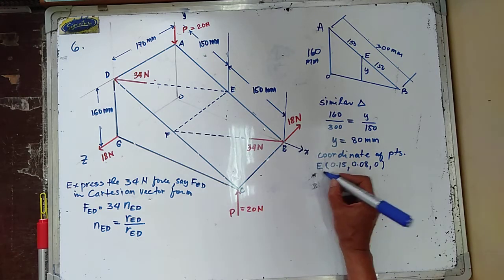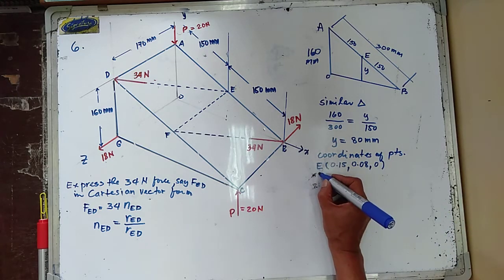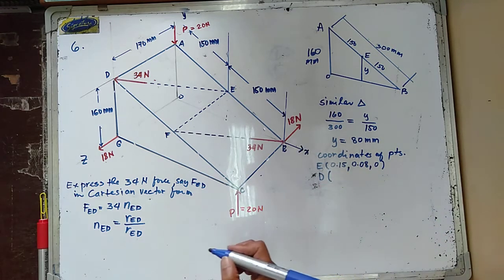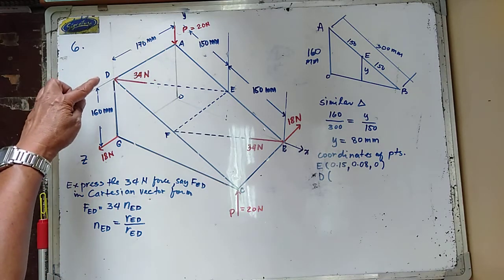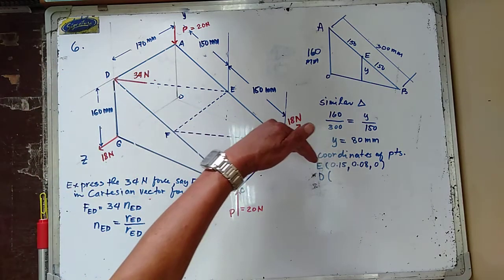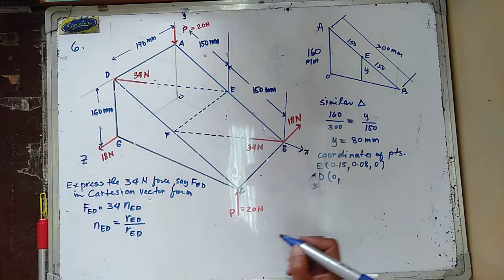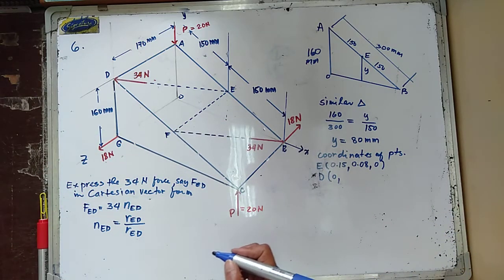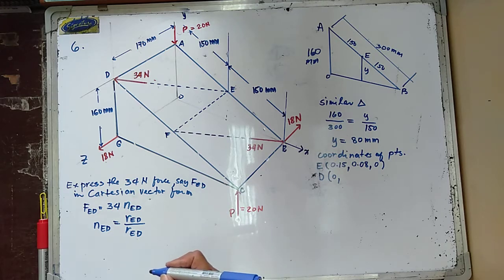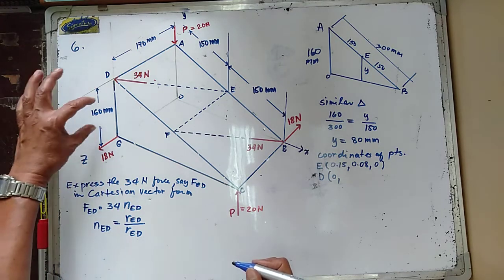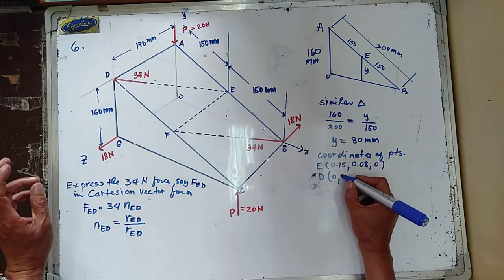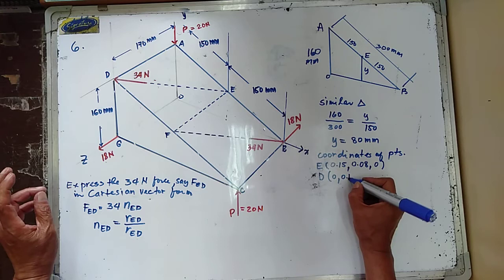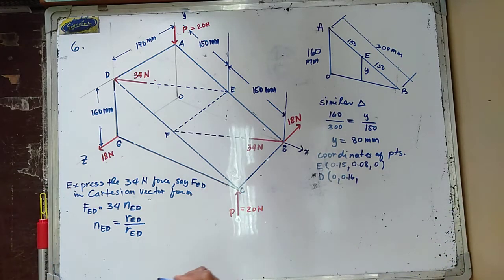Now the coordinates of point D. The x-axis is 0. The y-axis is equal to 160 mm, or 0.16 meter.